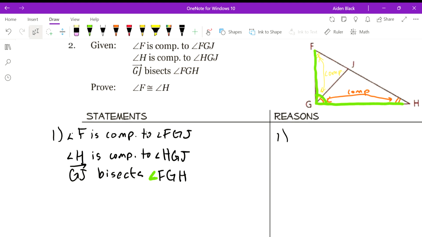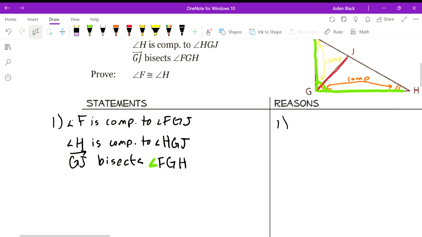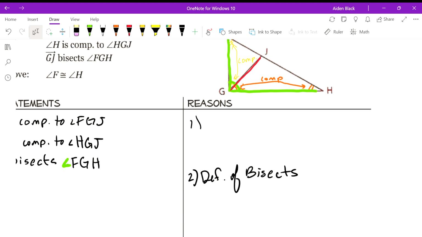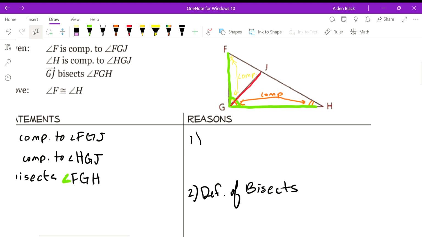So this whole angle here is being bisected by ray GJ. And if you use the definition of bisects, the definition of bisects tells us that if a ray, line, or segment bisects an angle, then it cuts that angle into two congruent angles.